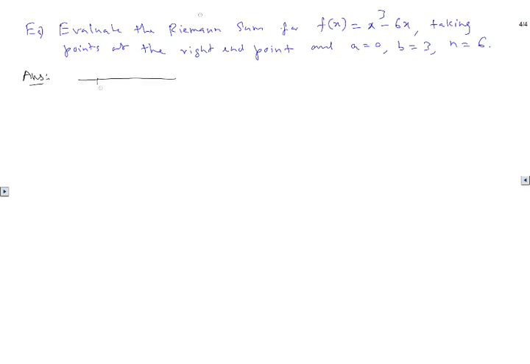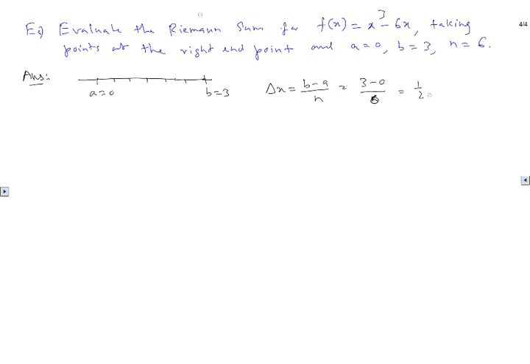so we have a, which is 0, and then we have b, which is 3, and then you will cut into 6 parts. Good. So what we have here is delta x, which is (b minus a) over n, so 3 minus 0 over 6, so you get 1/2.